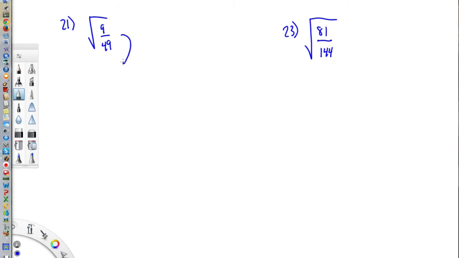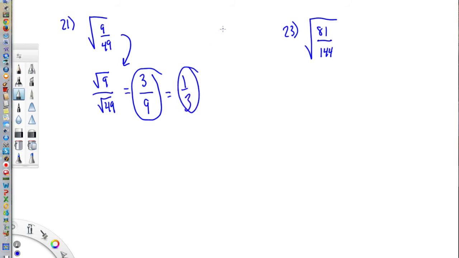But I know that the square root of 9/49 is the same thing as the square root of 9 over the square root of 49, which to me is just a lot simpler. So the square root of 9 is 3, the square root of 49 is 9. Whoops, well that's not my final answer. I can actually reduce that to 1/3.